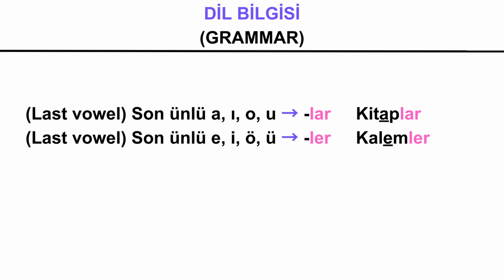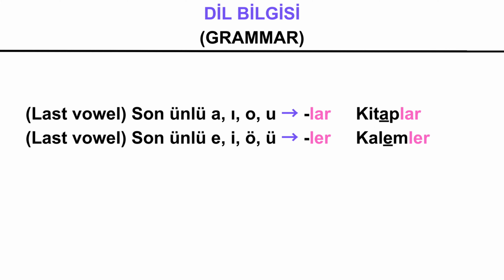Therefore, it belongs to the first group of vowels, a, ı, o, u, so it will get the suffix lar. And in the other example, kalem, the last vowel is e. Therefore, it belongs to the second group and it will get the suffix ler.